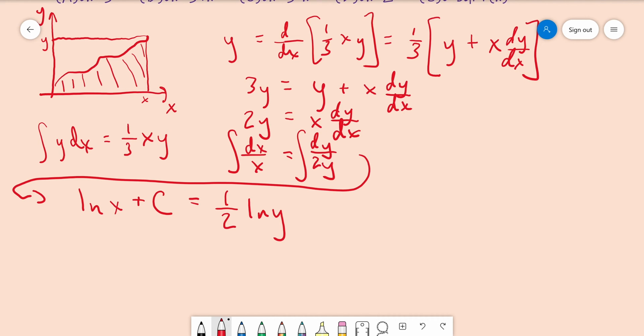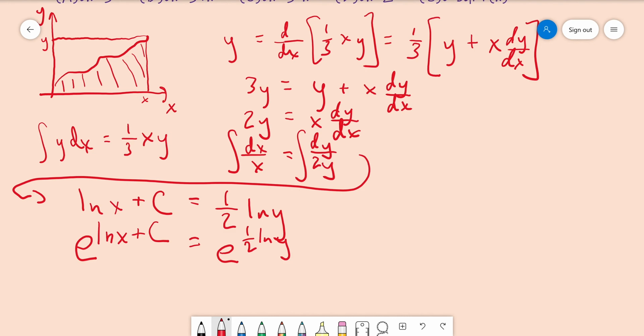the exponent of both sides, then we get e to the log of x plus c equals e to the 1/2 log y.